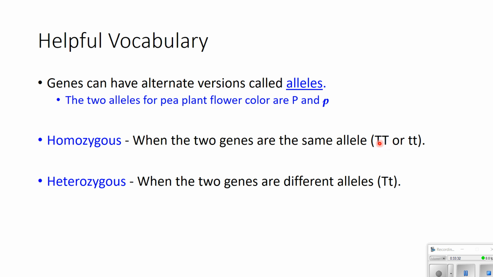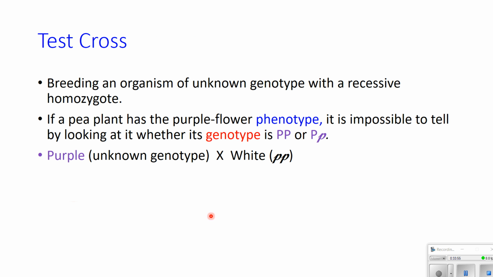If the 2 genes are both the same, it's homozygous. If the 2 genes are different alleles, like big T, little t, we call that heterozygous. Hetero means different. Homo means same. Heterozygous is when the 2 genes are different alleles.